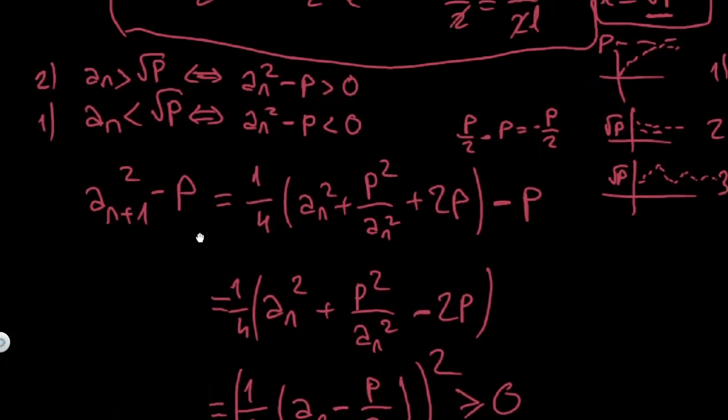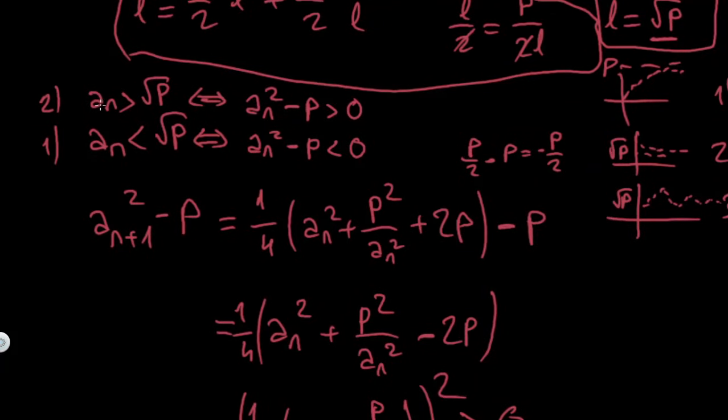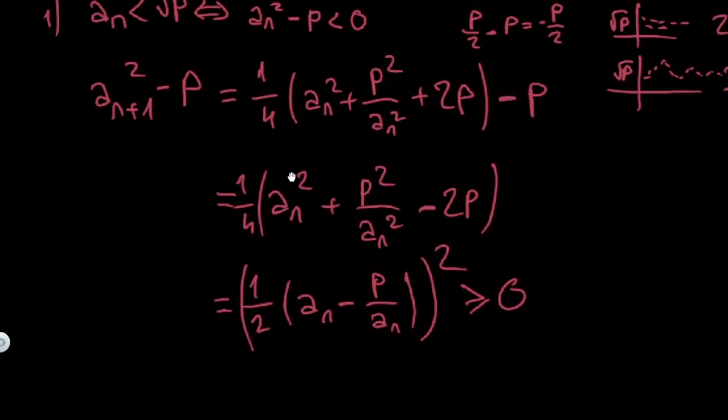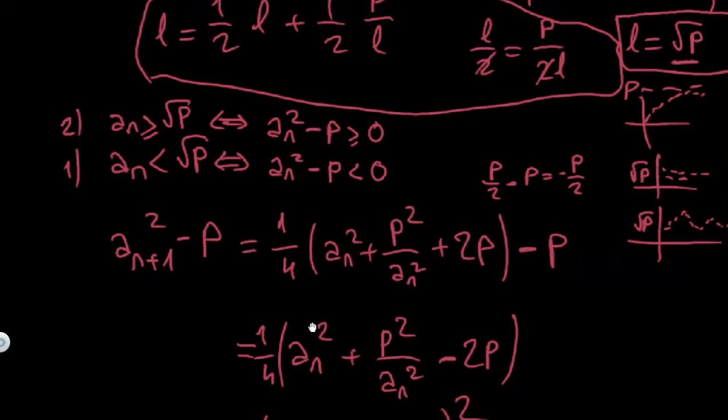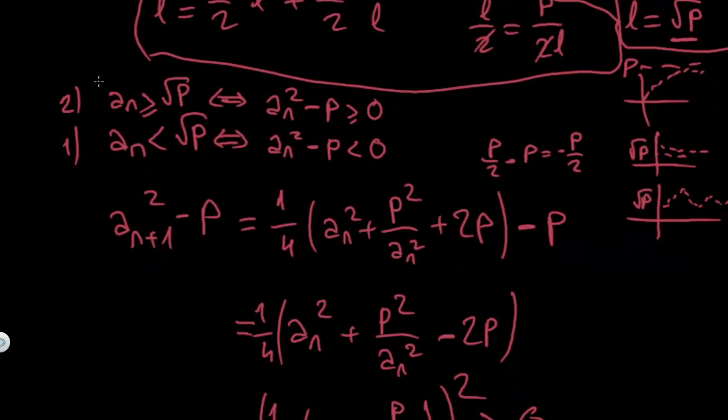Okay, look, so I found that this thing is positive. So this means that we have the second case. Here it doesn't matter if we have equality. So I know that this is true: for each n, an is greater or equal than square root of pi.